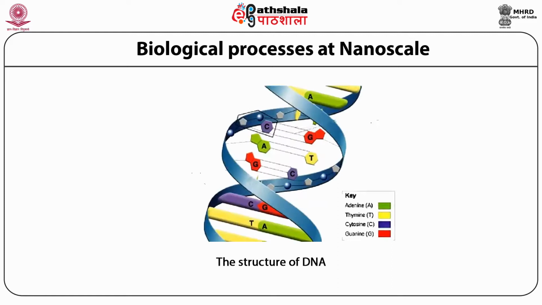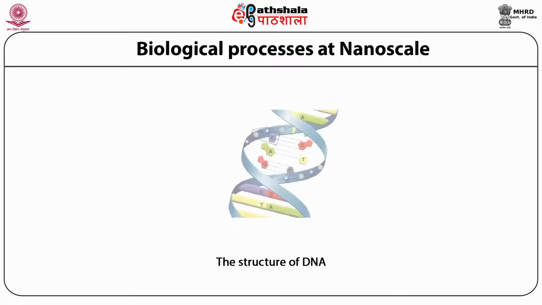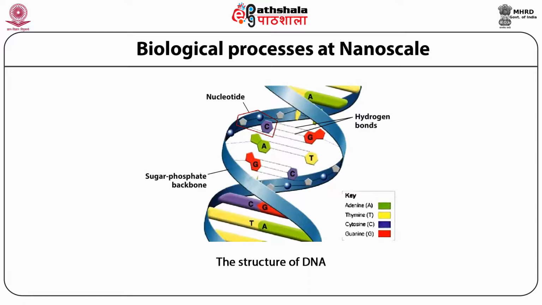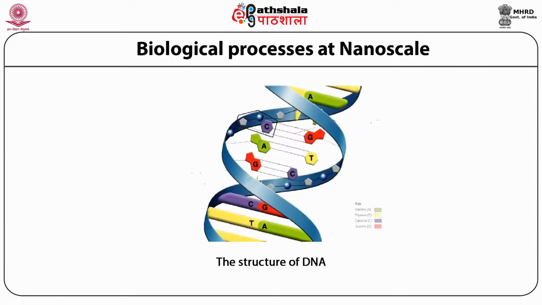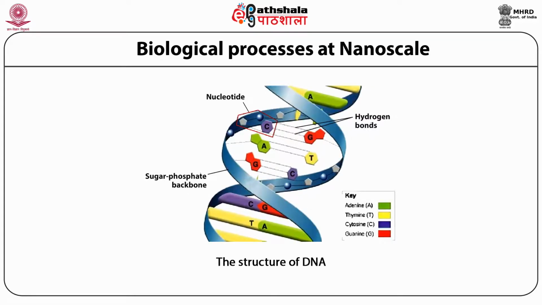All the information and the processes of life are encoded in a strand of DNA, deoxyribonucleic acid, as shown in this figure, which controls growth, development, functioning, and reproduction of all known living organisms, including bacteria and viruses.